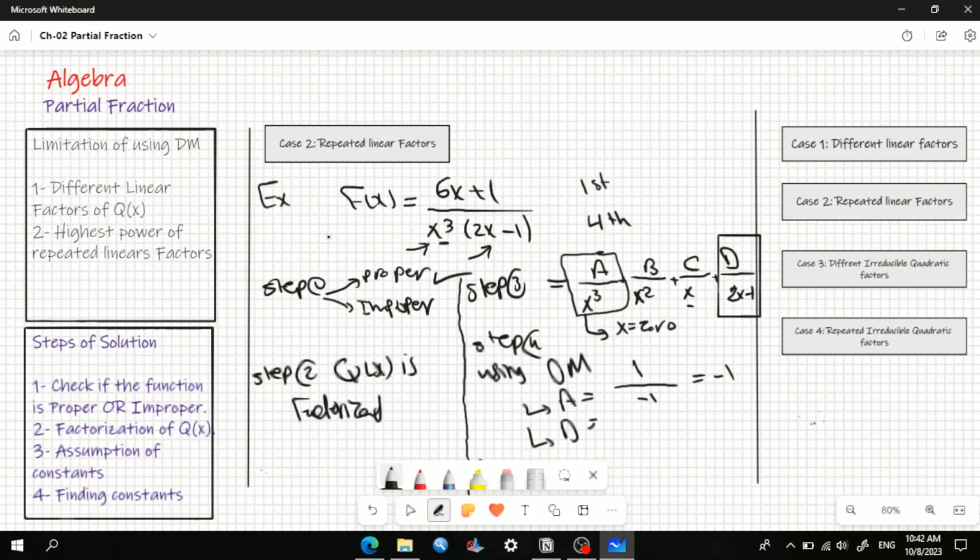And D here, just hide this factor from here and substitute with half. So here we have D equal to 32.